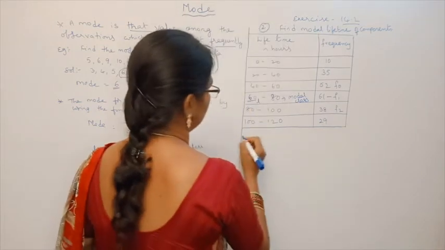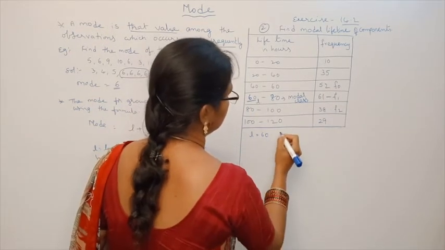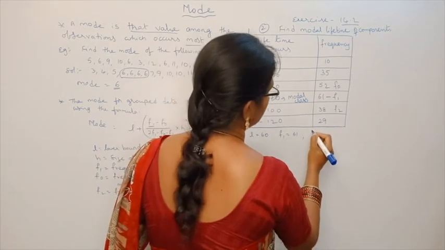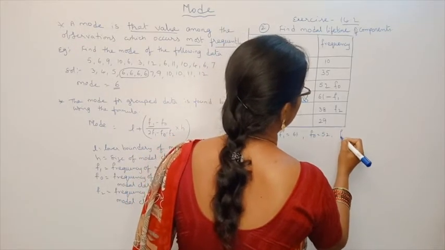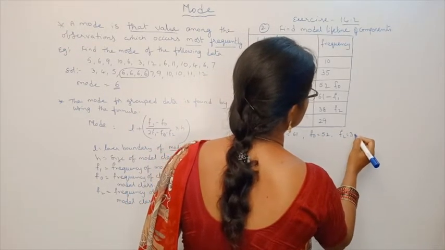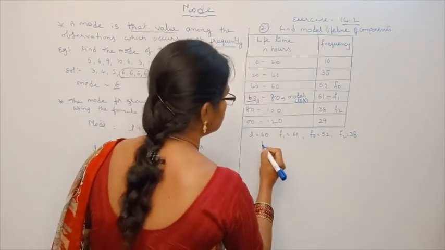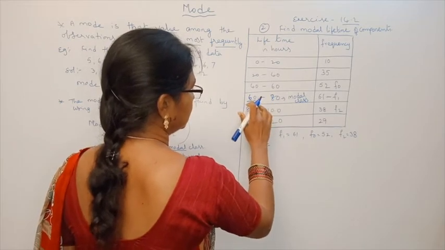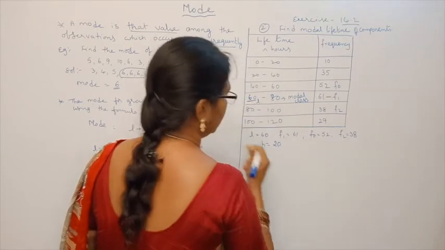Now L is equal to 60. F1 is equal to 61. F0 is equal to 52. F2 is equal to 38. H is the size of the modal class, 60 to 80, which is 20.